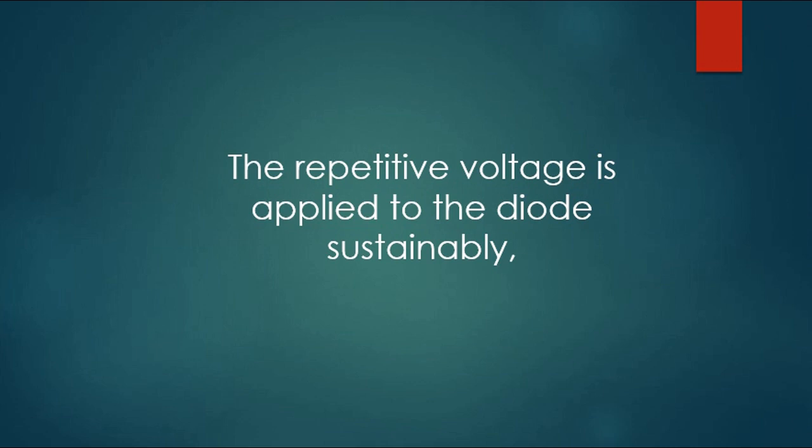The major work of a diode is to convert AC to DC in most electronic circuits, including our laptops, our desktops, our televisions, and numerous others to mention. That is the major work of it.